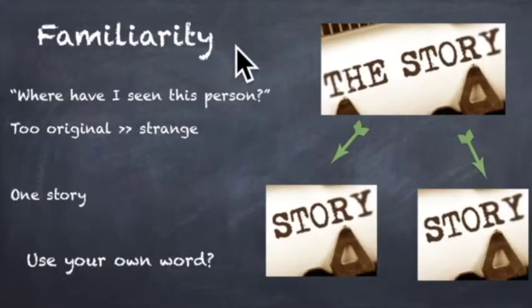The next one is familiarity. If you have read the book called How to Read Literature Like a Professor by Thomas Foster, there's one chapter in there saying that all stories are interconnected. There is no original story. And that is definitely true. Let's just take that Disneyland story as an example.